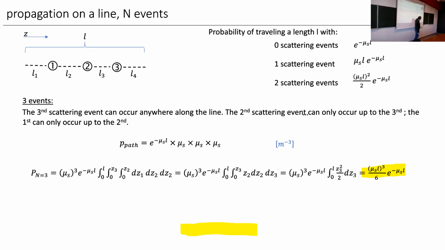For 3 events that becomes the power 3 divided by 2 times 3, because the integration gives 6. And that indeed generalizes to the power n.